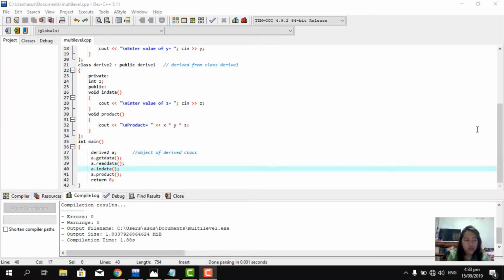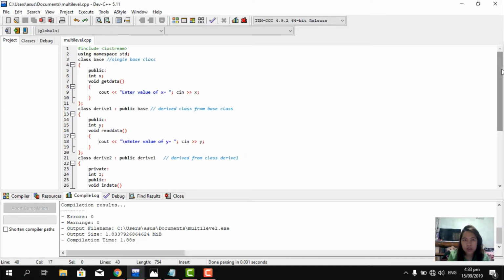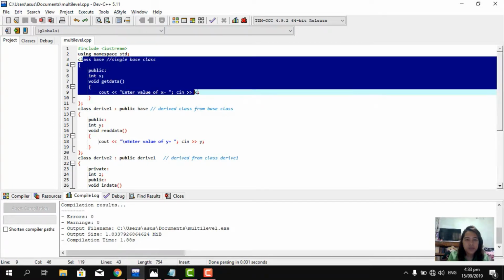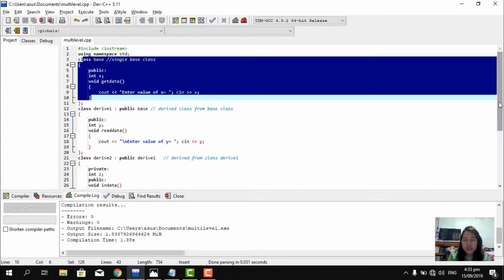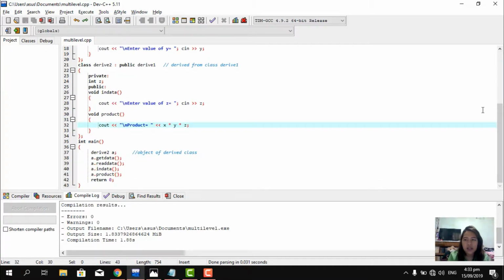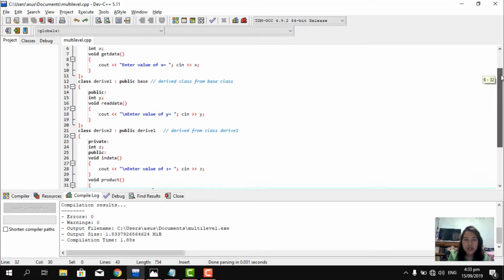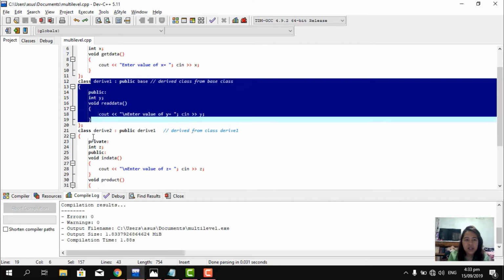So the next one is multi-level inheritance. In multi-level inheritance, a derived class has one base class, and that base class is derived from another class.